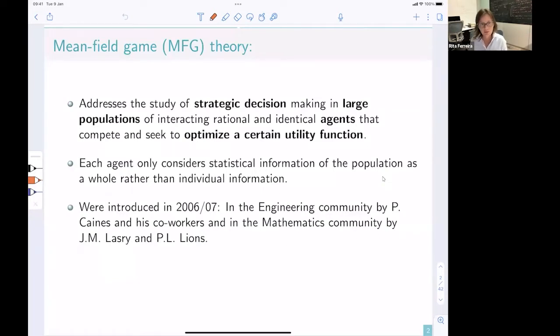And one feature of these mean field games is that each agent only considers statistical information of the population rather than individual information on each agent. And these mean field games were introduced more or less 15 years ago, more or less simultaneously in the engineering community by Caines and his co-workers, and also in the mathematical community by Lasry and Lions.